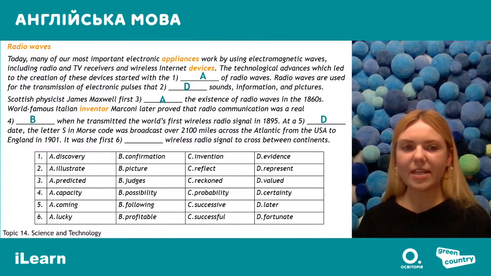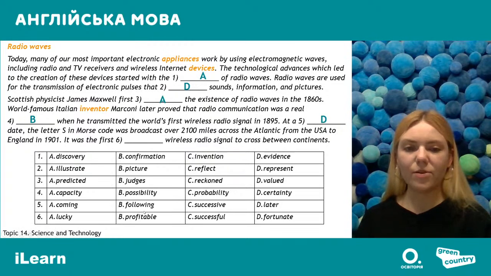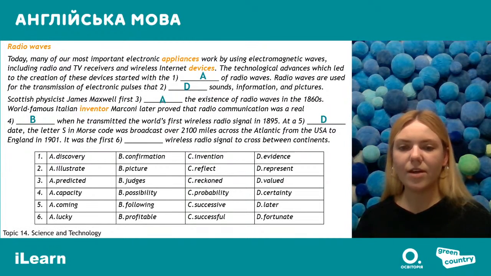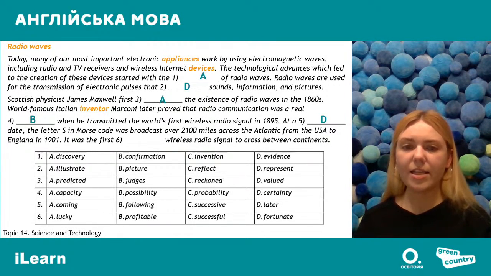Тобто в якусь дату, якийсь час пізніше від того моменту, про який ми говоримо. Because we use following and successive when something comes after something else. Following, successive використовуємо в значенні наступний, тобто той, що йде одразу після чогось іншого. А later date – просто дата пізніше.